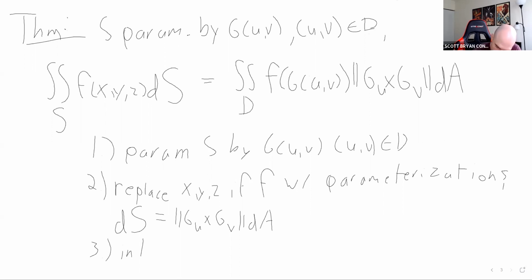And then we integrate over D. At that point, it's just a standard double integral. That's the whole point of these parameterizations: we're integrating over these curved regions in space, but we can bring them back to a nice flat region in the plane where we know how to integrate. It's just a standard double integral at that point.